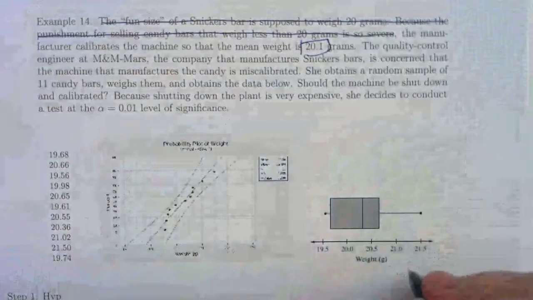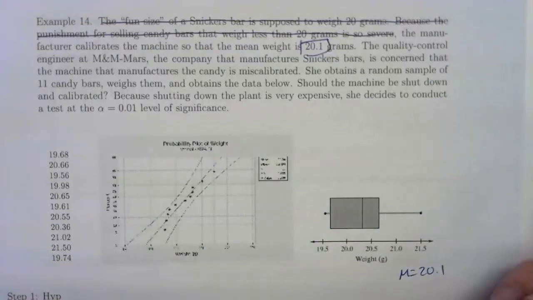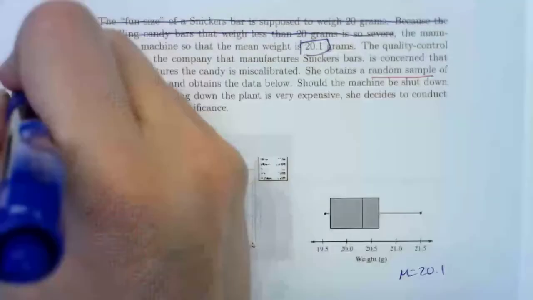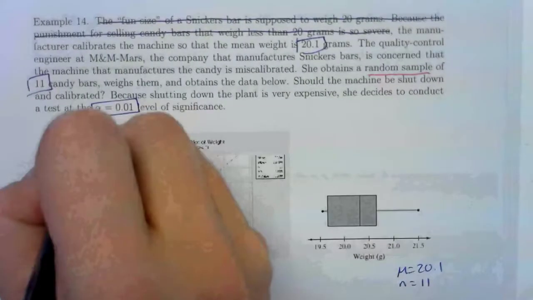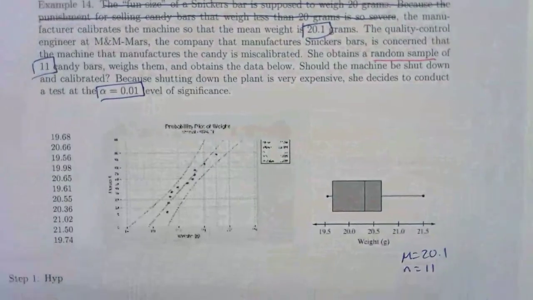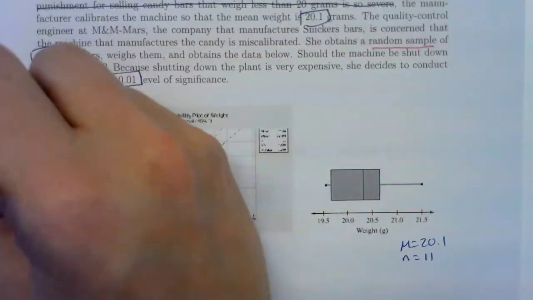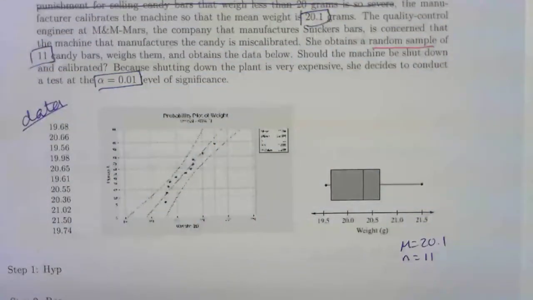This is our status quo mean. Then it says we took a random sample of 11 candy bars. That's our sample size. And we're given alpha. So we really weren't given a lot of information in terms of numbers, but you were given the data over here. So we'll be able to work with that shortly.